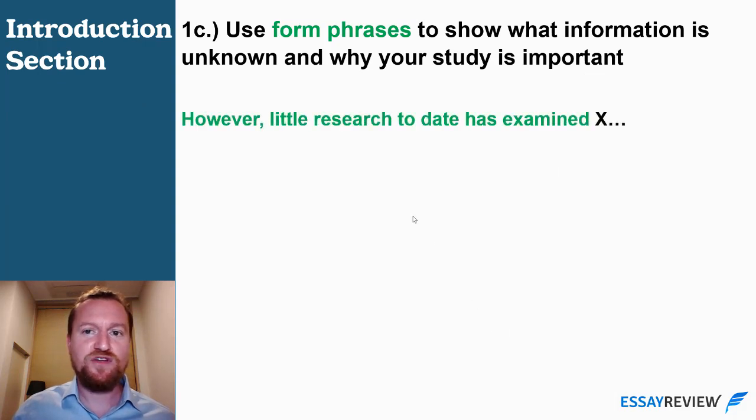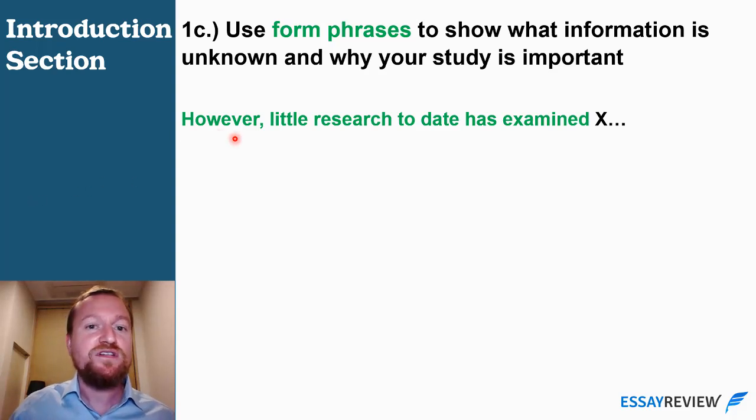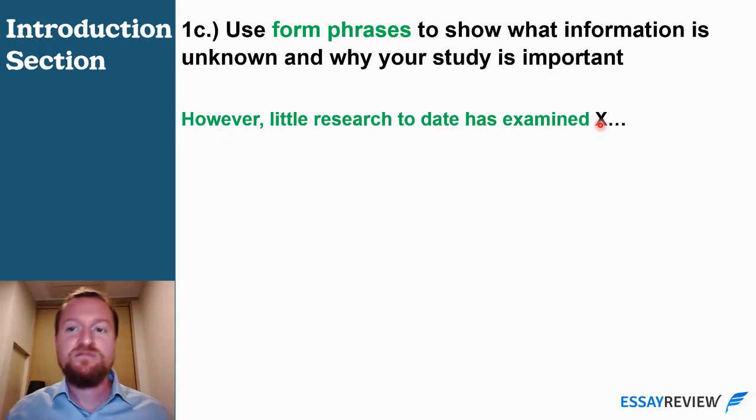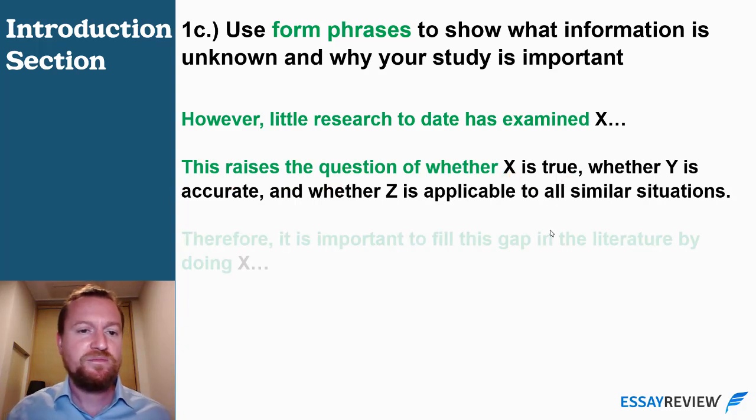Here's some more form phrases, and I'll go through these quickly. So again, you can find these. We have an article titled "The Useful Phrases for Academic Writing," and these are broken up by abstract, methods, introduction, etc. However, little research to date has examined X. This raises the question of whether X is true.